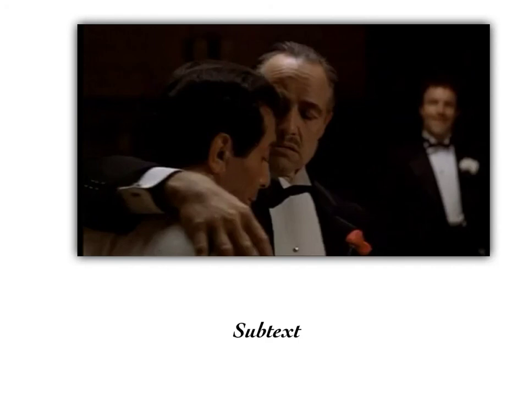Subtext can be expressed through gesture, through intonation, through expression, through just kind of understanding the character and the situation that they're in, and what might be the implied meaning of their words, and not necessarily the literal meaning of what they're saying. So you always want to look for subtext because it can tell you a lot about the characters and it can tell you a lot about the plot.